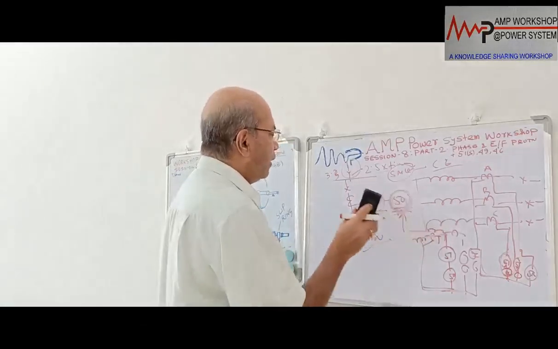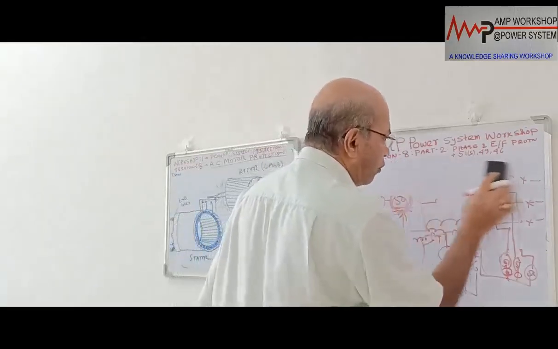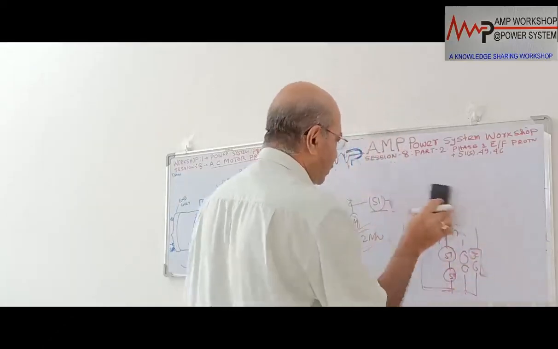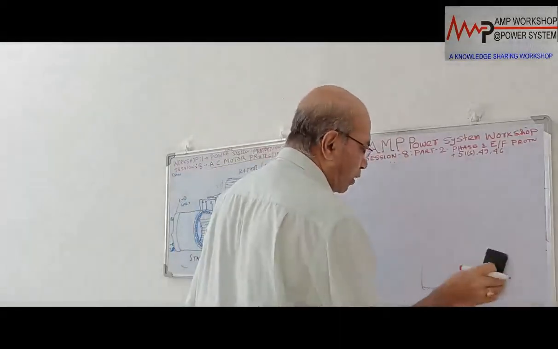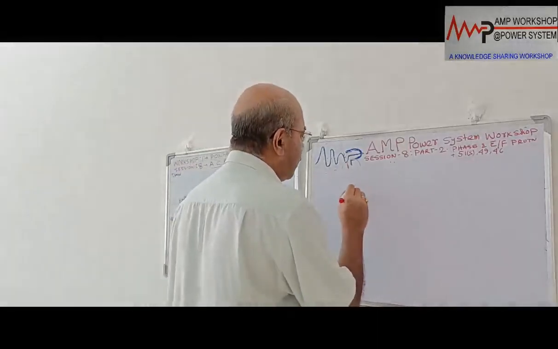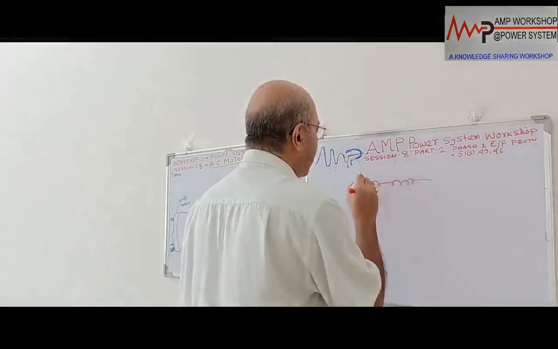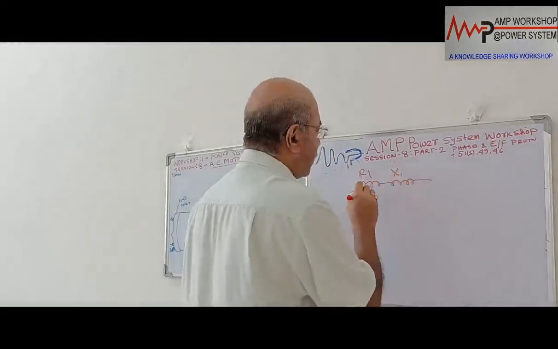Now, before going further, we have to discuss the motor starting current. Why do we say motor starting current is 6 times? Because we have already drawn the motor equivalent circuit last time. This is R1, the stator winding resistance, and reactance.